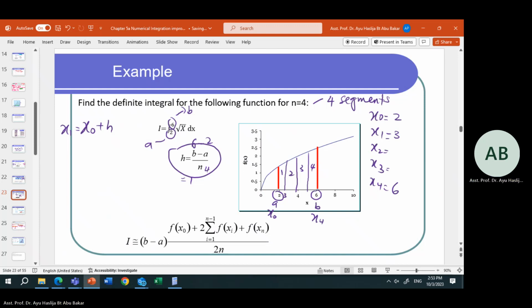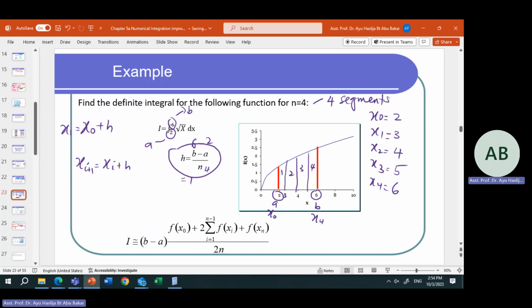So x2, 4. x3, 5. The equation to find the next point, something like this. x i plus 1 equals xi plus h. Okay, on the x point.